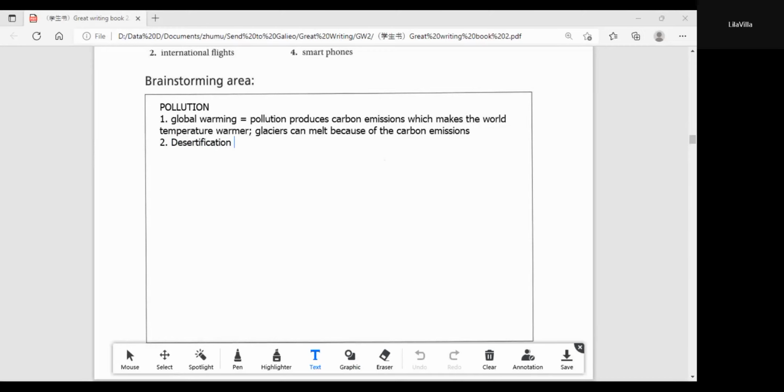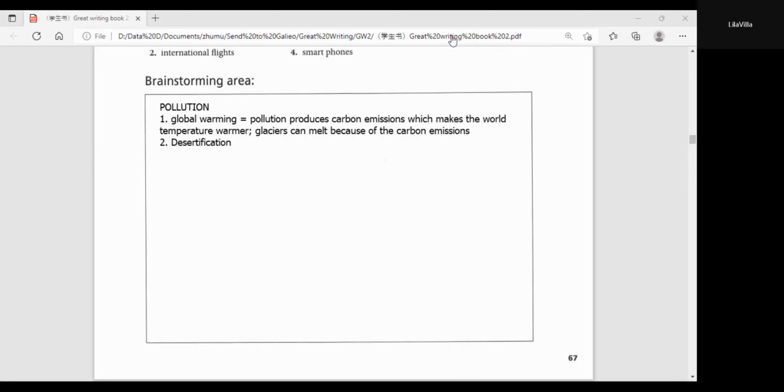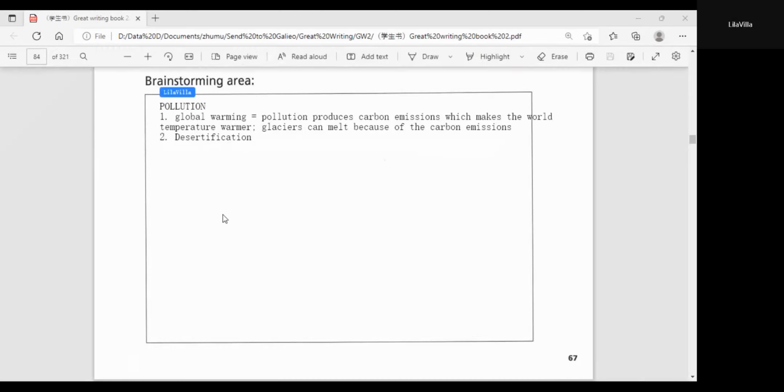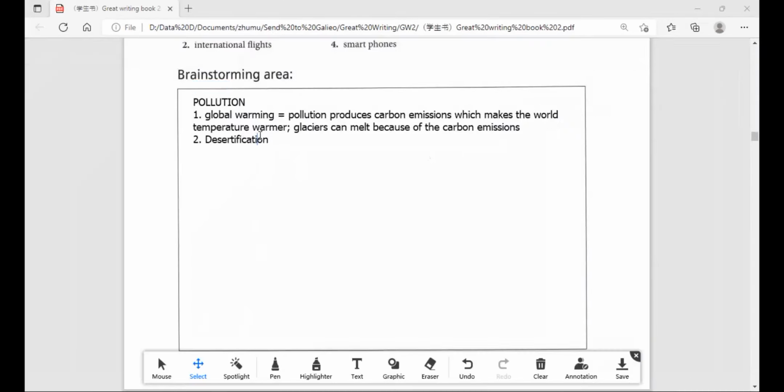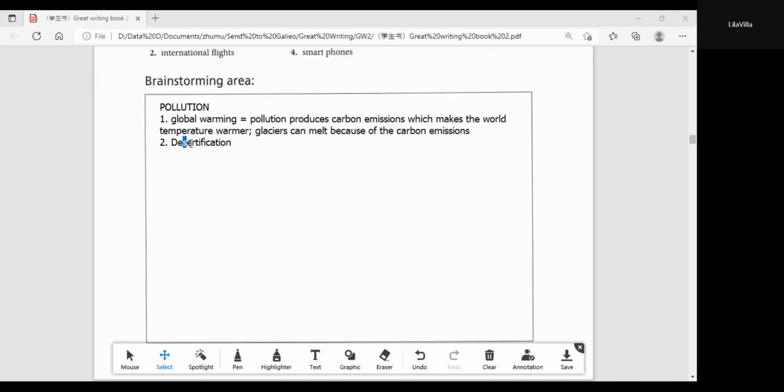By the way, sorry, I forgot if I asked you. Are you capable of writing on the screen? It says in my app you can. Can you try and write on the screen? I just want to see if you can do it. Desertification of land.